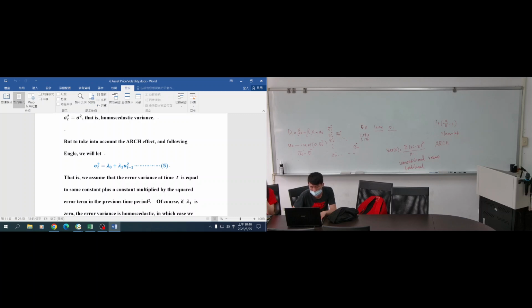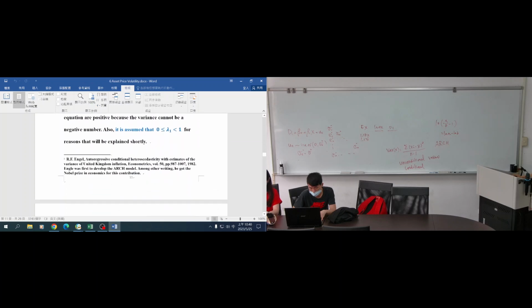So remember, this one is positive. So if we use the estimation, we should see if we can estimate the residual variance model, all the coefficients should be positive. Okay? All right. So look at this one.